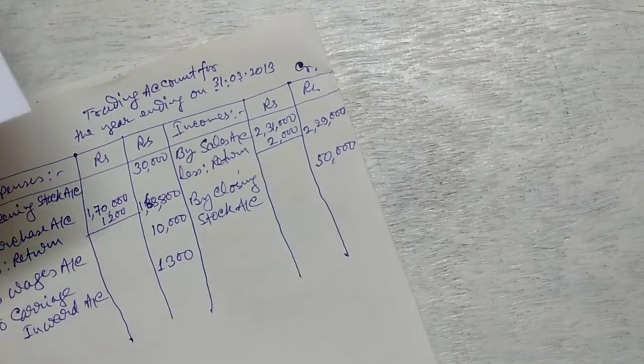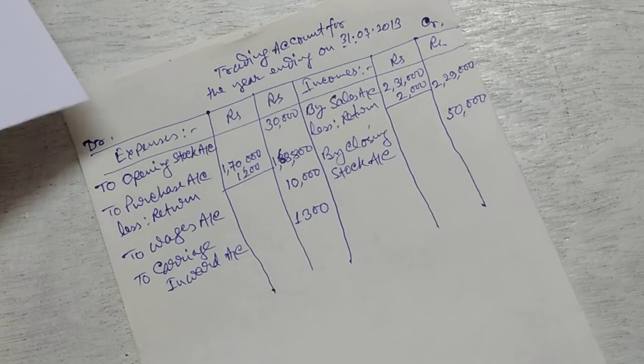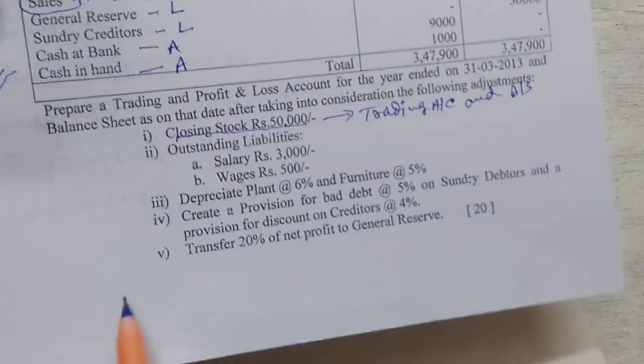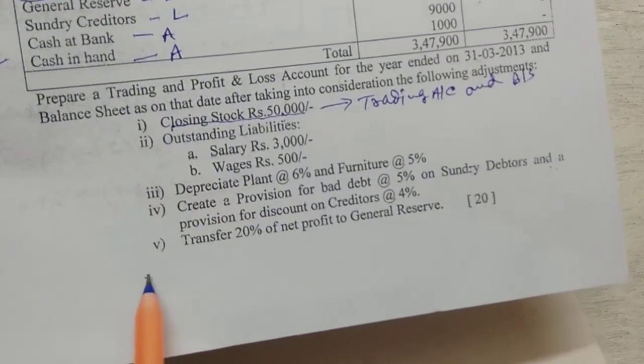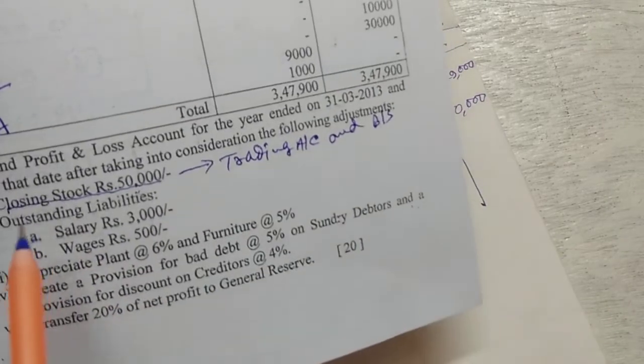So I have completed the entries in trading account, but there was a mistake. Why? Because we have not gone through the additional items, additional transactions which are given here. So at first we have to read the additional information.